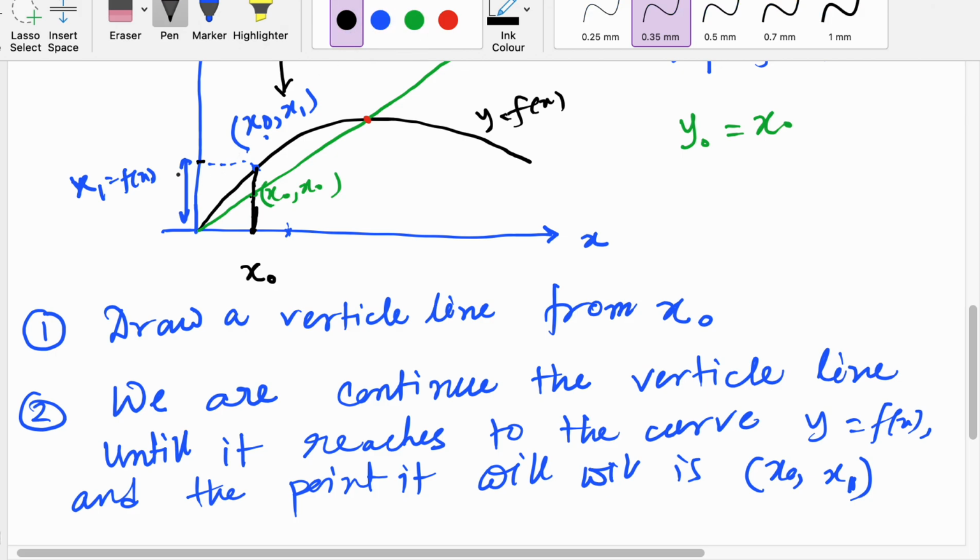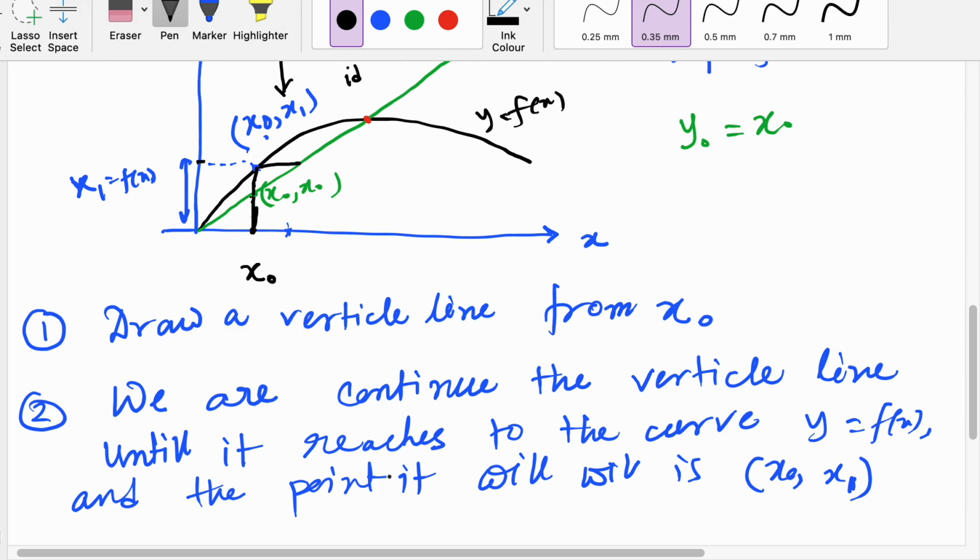So we draw a horizontal line from this point, and somewhere it will cut the y equal to x axis, which we call the identical axis.